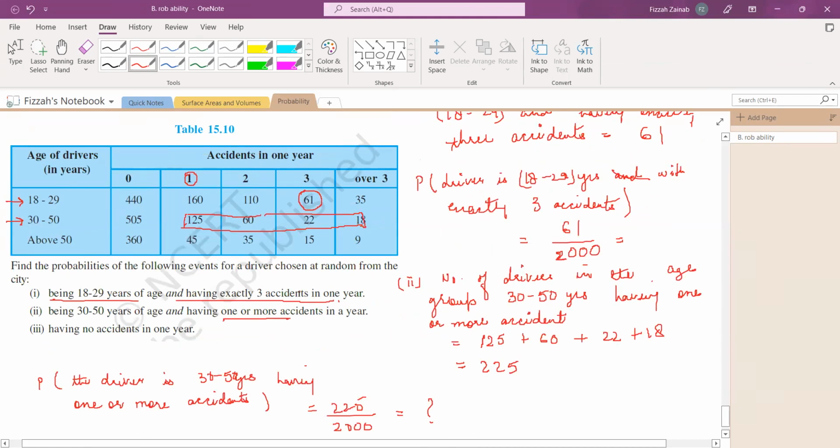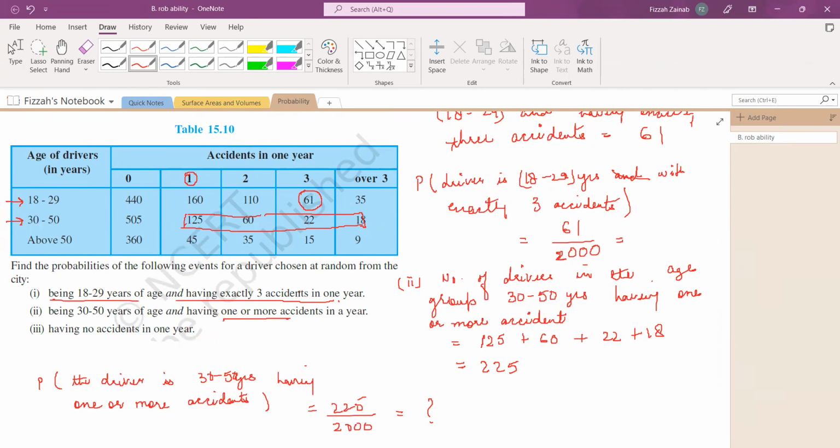Number of drivers having no accident in 1 year. How many drivers are there? Yes, are you there, Miraj? Ma'am. Yes. So what should I write? Like how many drivers are having no accident in 1 year?